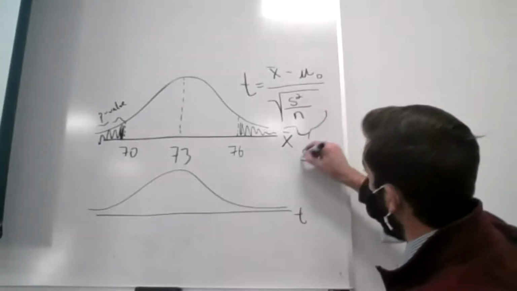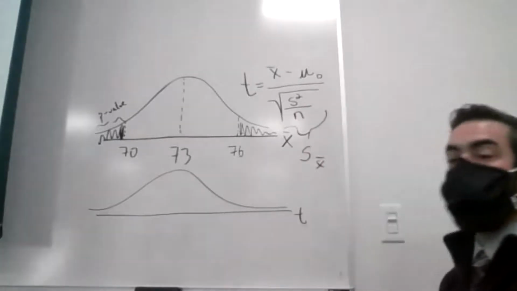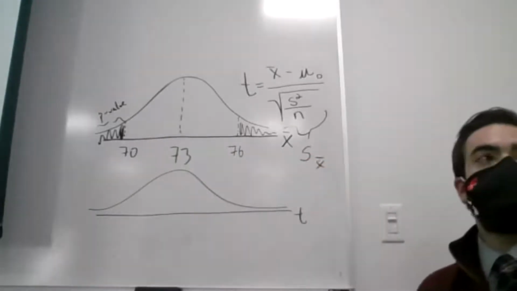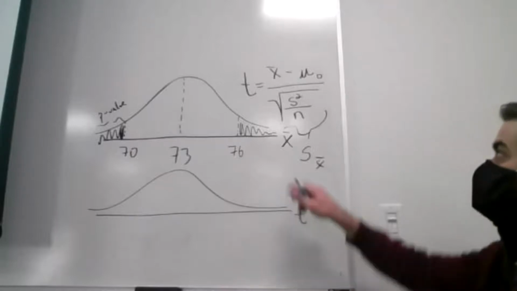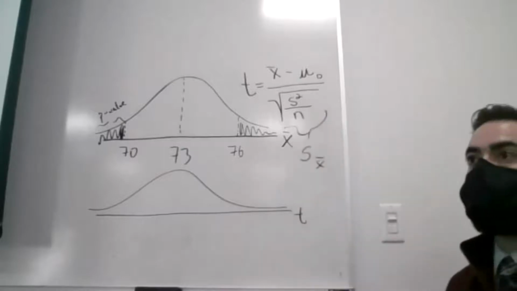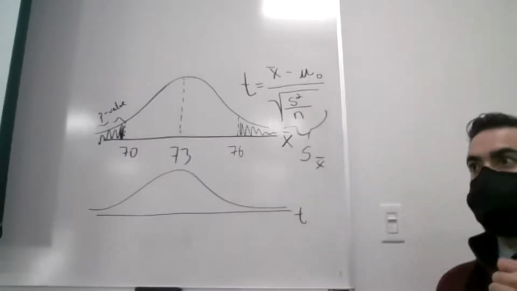This denominator still represents the standard deviation of our sample means, but we use slightly different notation that signals we were using a sample variance and not a population variance to calculate that.